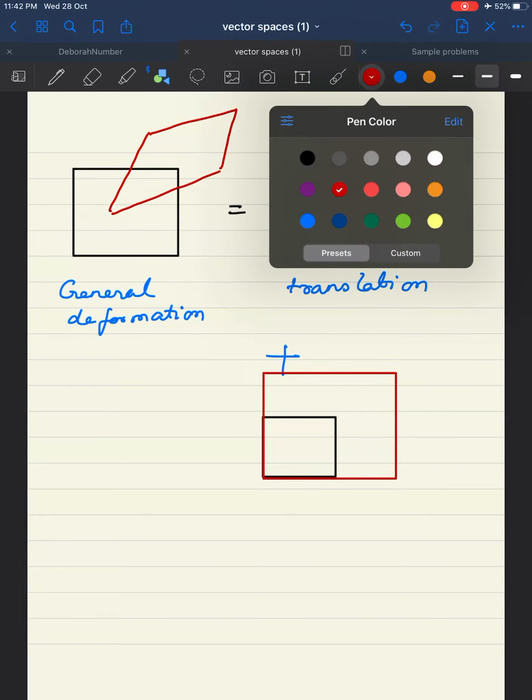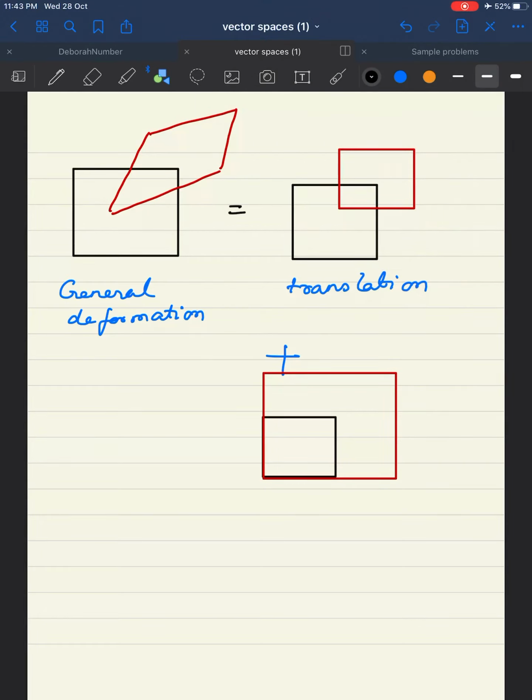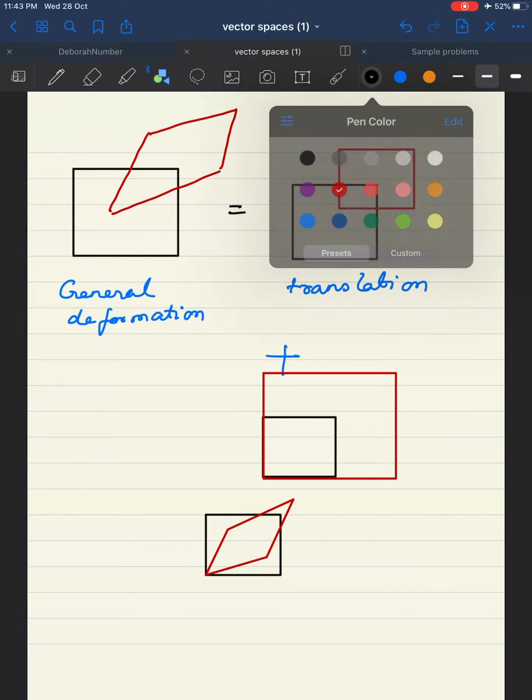Or angular deformation, where you had a square and the angles of these parallel lines have been deformed.